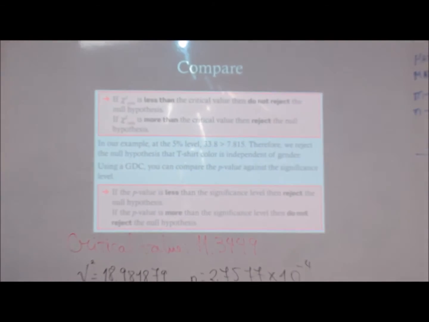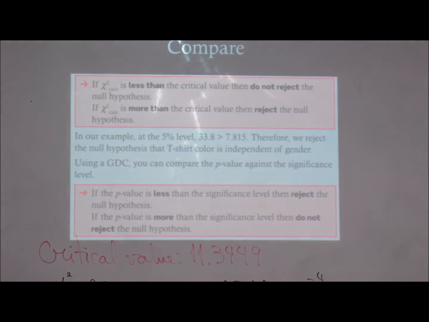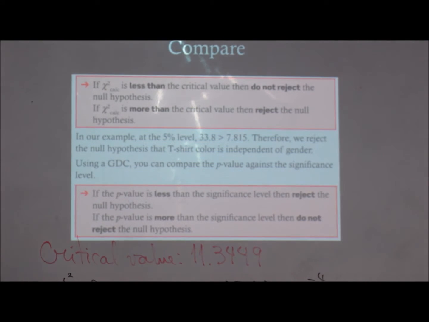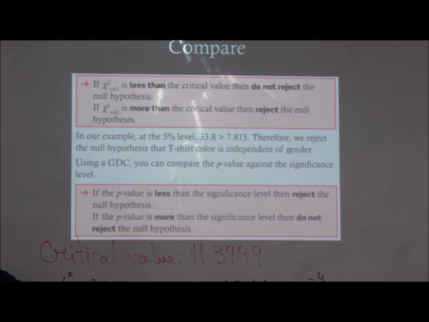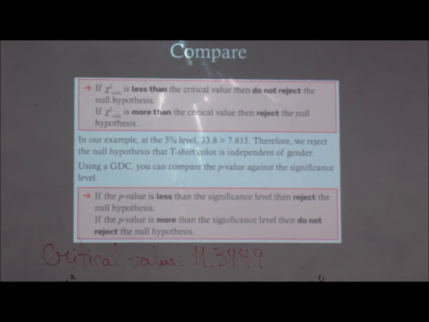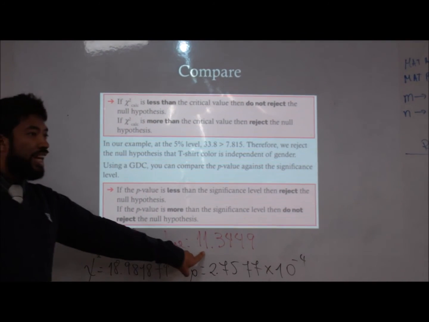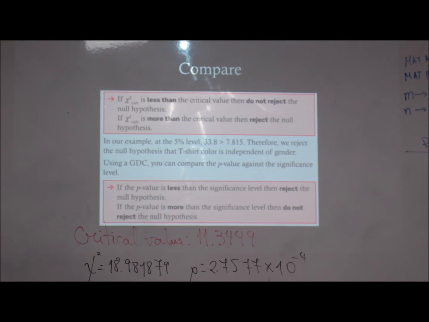And now we're going to compare. Now we can compare. What was the calculated value? 18.98. What is the critical value? 11.34. So what do I conclude?